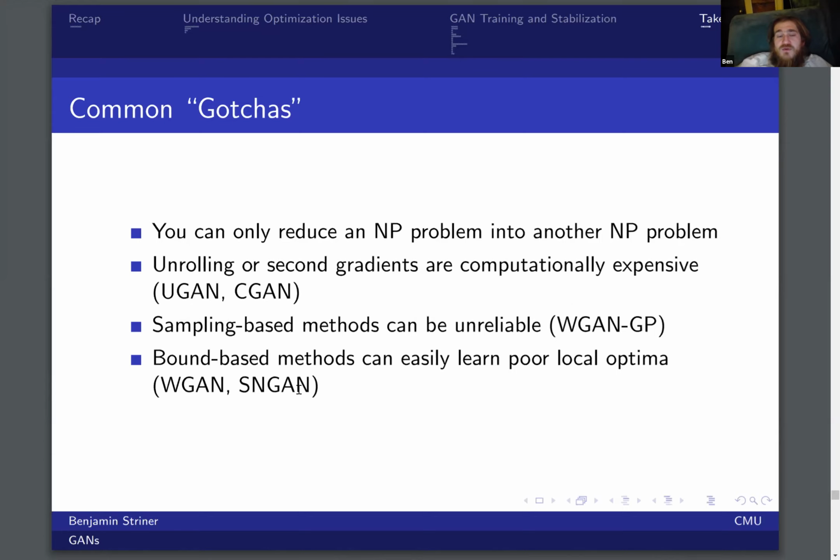The original WGAN and the spectral normalized GAN are examples of bounding: pretty easy to calculate, they run quickly and reliably, but you will get artifacts pretty much guaranteed. And the sampling methods like WGAN GP run a lot of samples, but your potential for actually getting to where you want to be is pretty high.